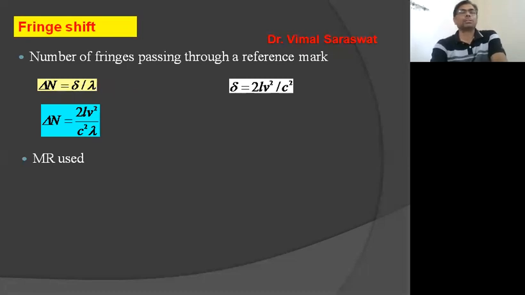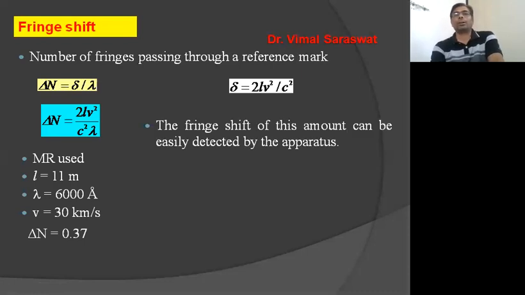Michelson-Morley used L equals 11 meter, wavelength of light 6000 angstrom, and velocity of apparatus 30 km per second. So if we substitute all these values in this equation, then the number of fringes passing through a reference mark will be 0.37.